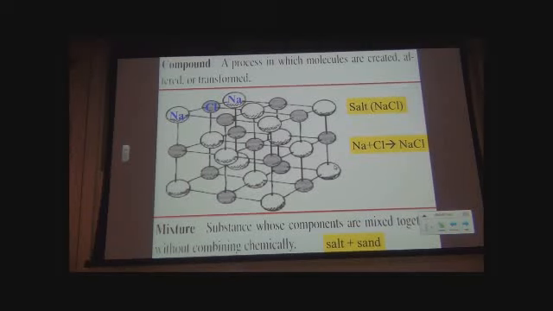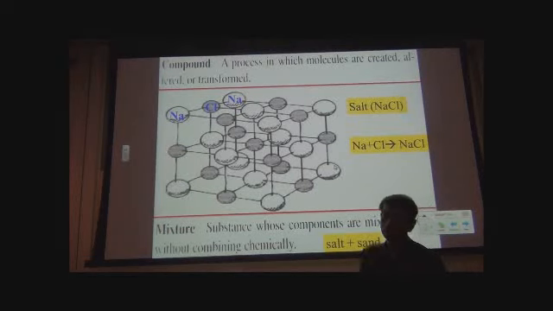Sodium is also pretty reactive. You put it in water, like you catch fire and stuff like that, right? But you bring them together, they become something completely different and benign, something that we have on our tables, right? And that we eat with our meals, which is what? Sugar? Salt. Good job.